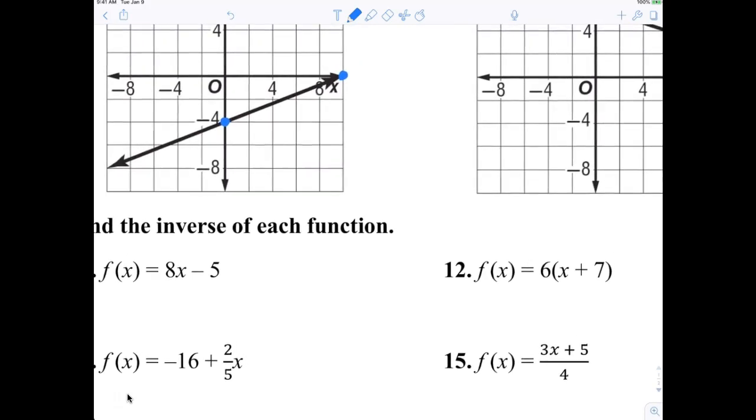We're counting by 2s. This point looks like (10, 0). Do we agree with that? And this one down here would be (0, -4).